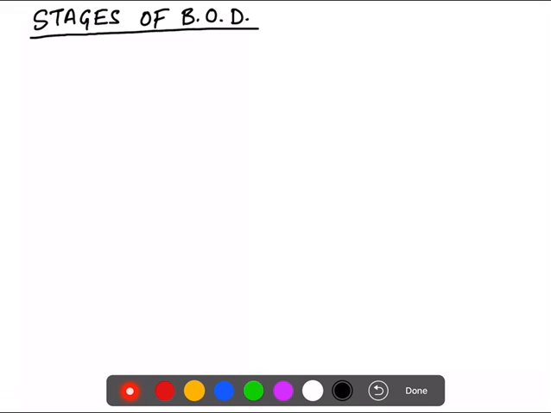Now, stages of BOD. Okay, so there are two stages of BOD.